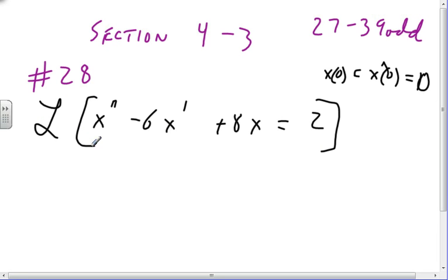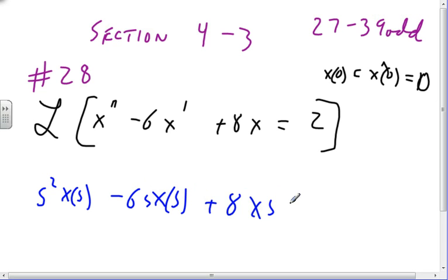All right, so we're going to do a Laplace transform of everything. So I get s squared X of s, everything that trails is a 0, minus 6s X of s, plus 8 X of s is equal to 2 over s.